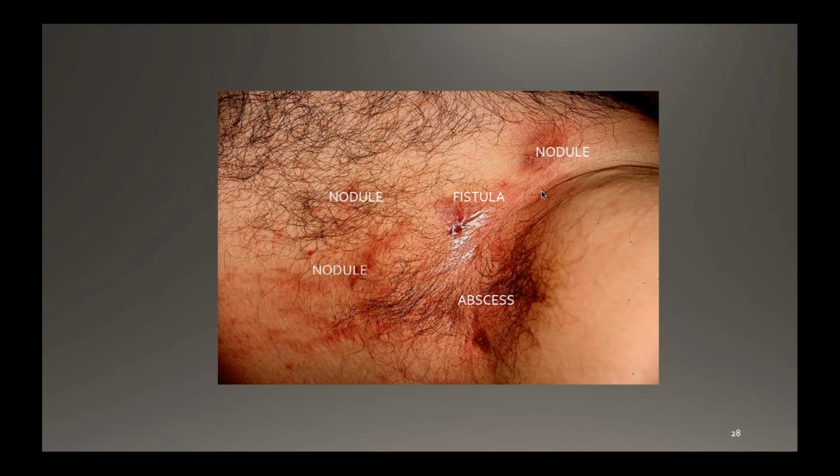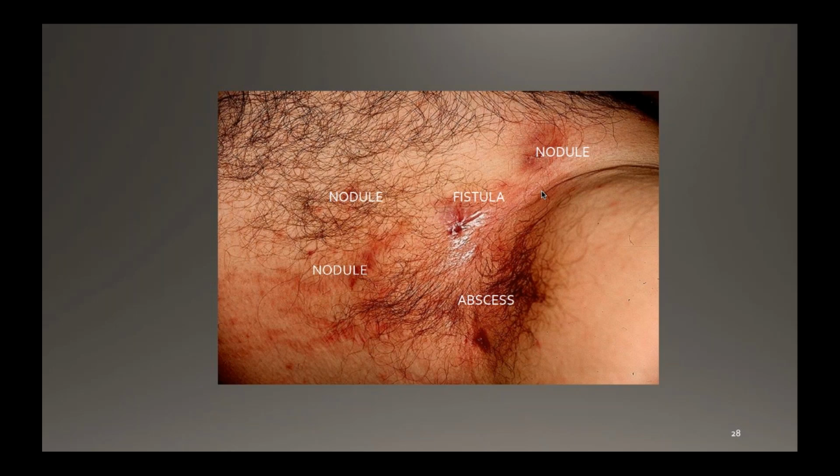A special case in dermatologic patients is hidradenitis suppurativa. Hidradenitis suppurativa is a devastating inflammatory disease that is affecting more or less 1% of the population here in Europe, and is characterized by this kind of lesions that from outside are the same.